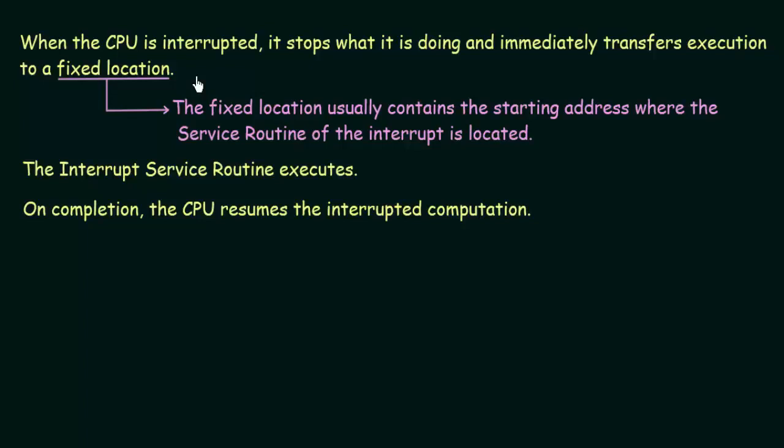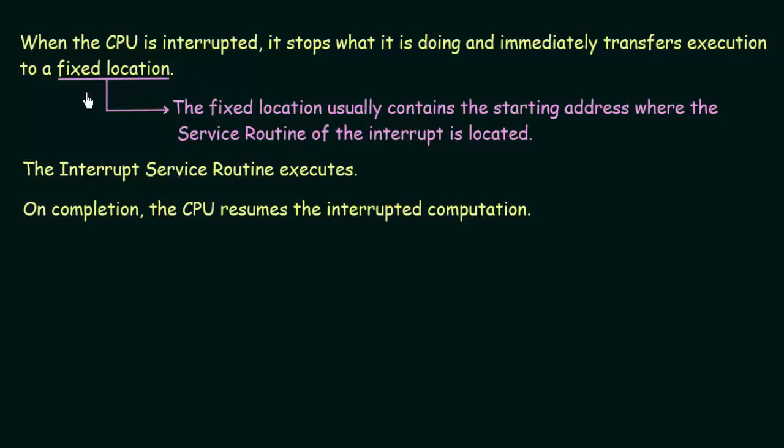So the CPU is already doing some work, and then it gets an interrupt from either hardware or software. When the CPU is interrupted in that way, it stops what it was doing, and then it immediately transfers execution to a fixed location.